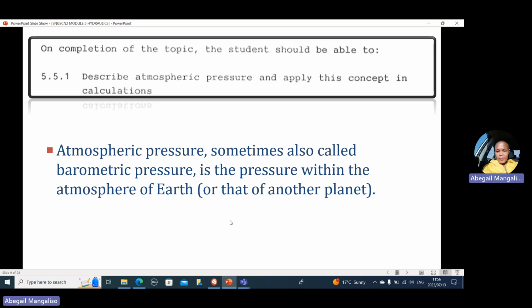This atmospheric pressure has a constant value at sea level of 101.3 kilopascals.